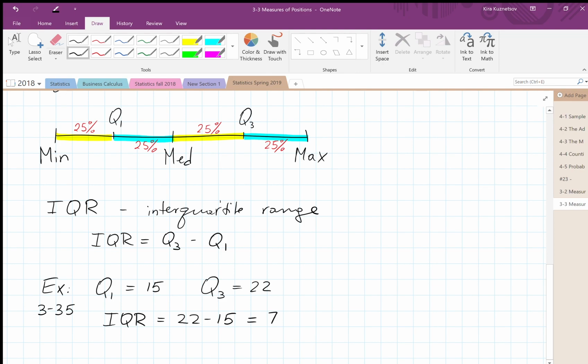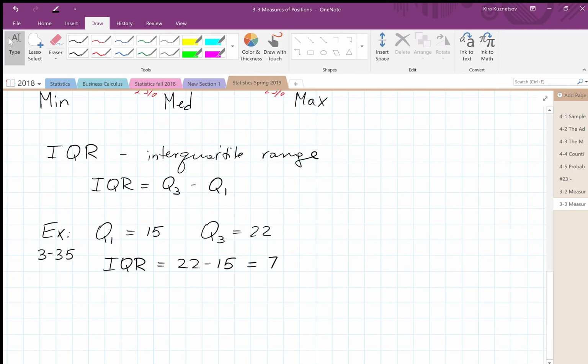Now the IQR is useful in a few different settings, but what we're going to be using it for is to identify outliers. The definition of an outlier is a data value that is either extremely high or extremely low.